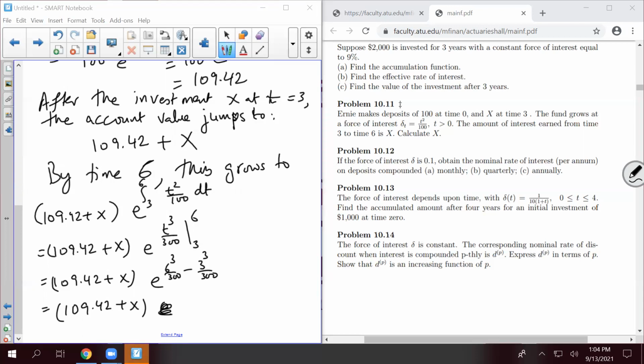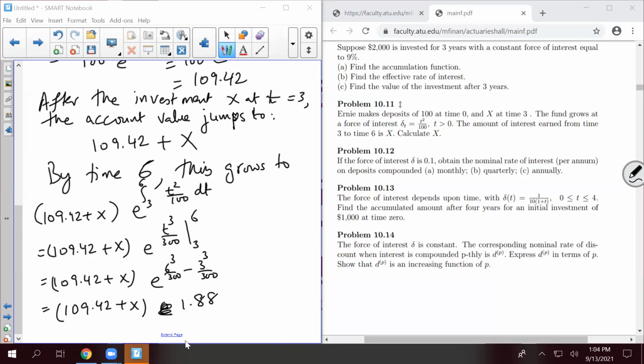E to the 189 divided by 300, 0.63. Yeah, so it'll be e to the 0.63, right? So what's e to the 0.63? 1.88. Okay, so this is the situation.